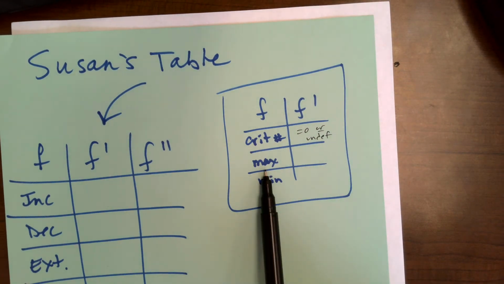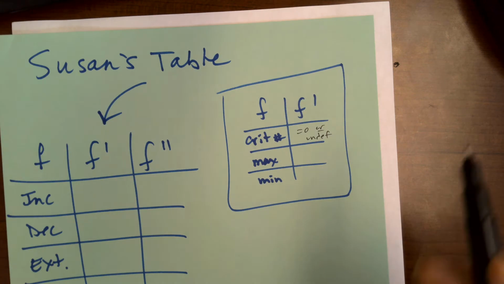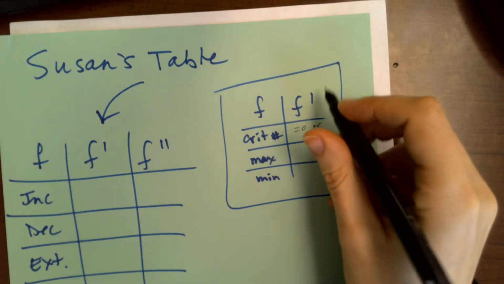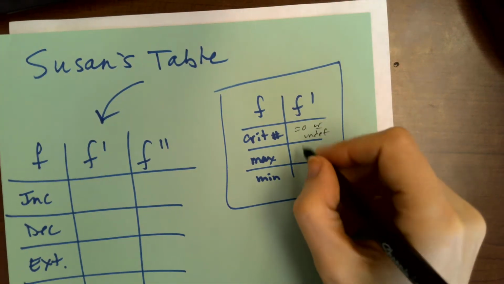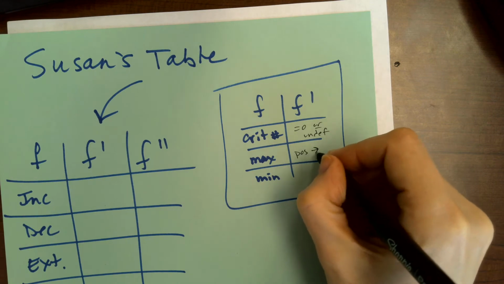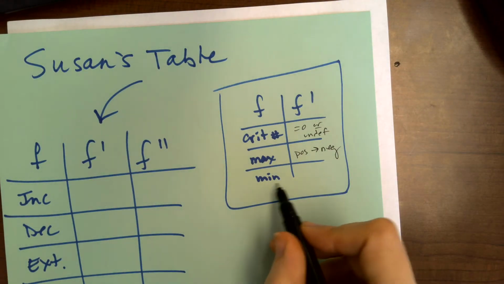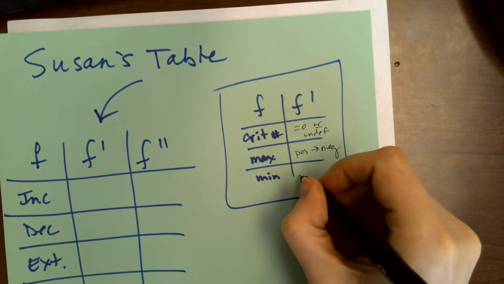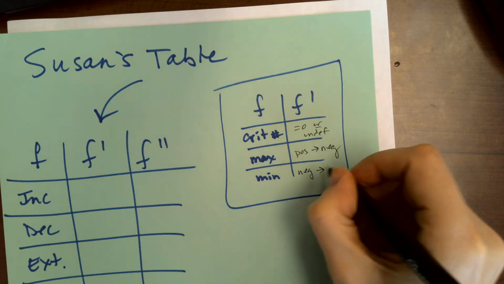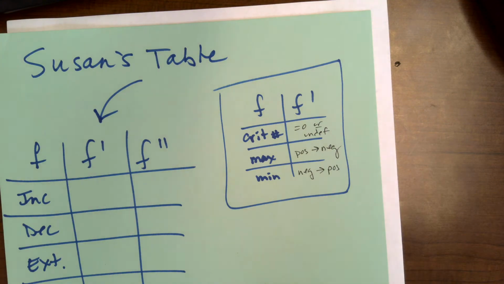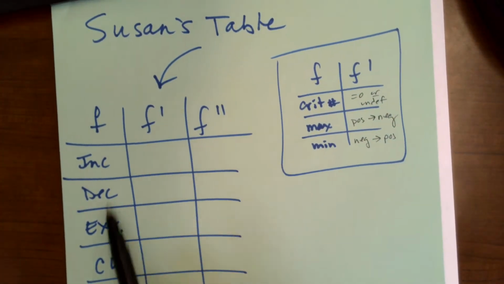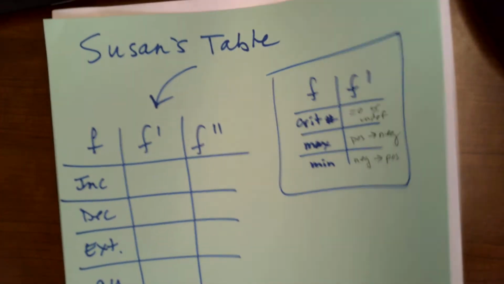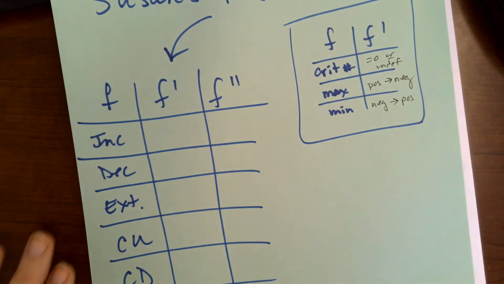F has a relative max or a local max, different than an absolute max, if f prime changes from positive to negative. A local min on f would mean that f prime changes from negative to positive. But this stuff will be more relevant to what we're about to do.